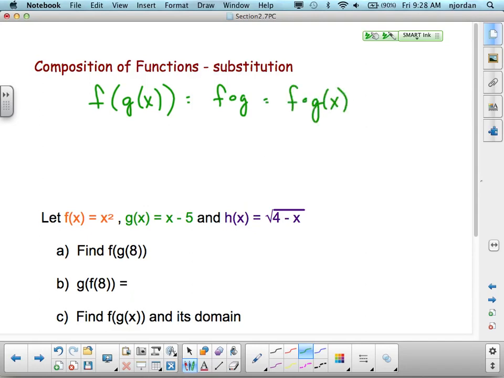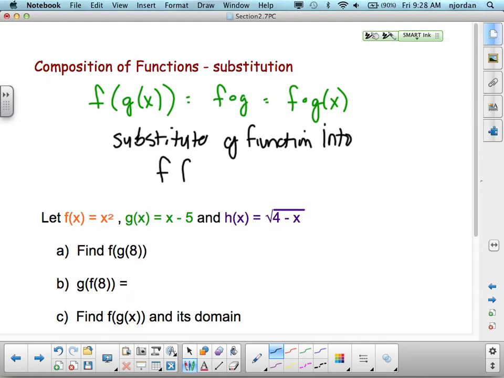And really what it just means is that you take the g function and you substitute it into the f function, okay?